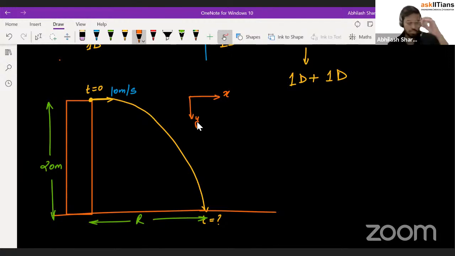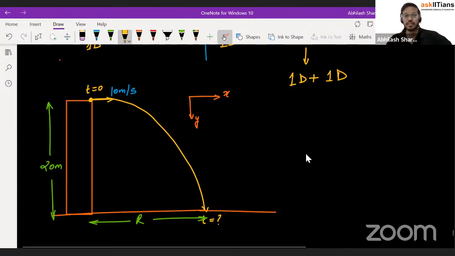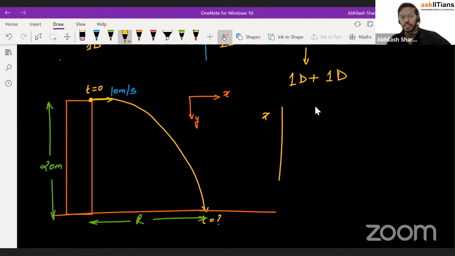In all such questions, my suggestion to students is to make a table that separates X and Y variables from each other. You will make a column for X direction here, a column for Y direction here. And now start listing down all the terms that are given to you.